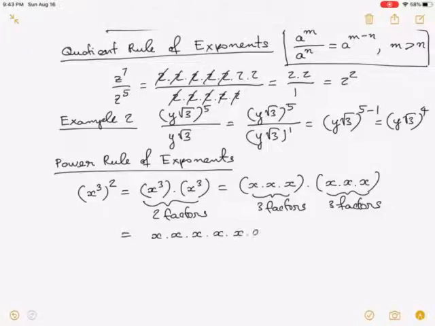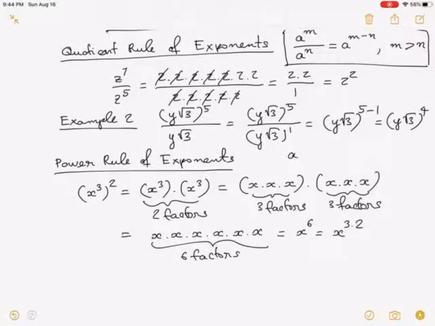So totally we get x times x times x times x times x times x, 6 factors, or this is x to the power 6. But x to the power 6 is the same as x to the power 3 times 2.